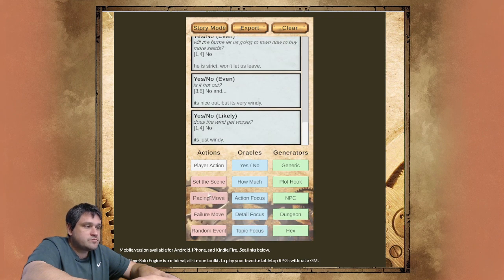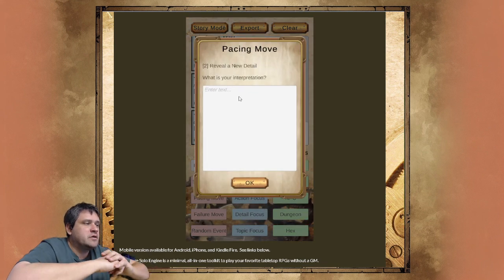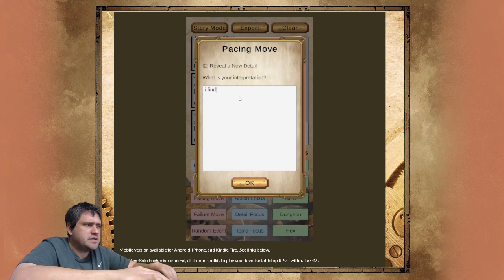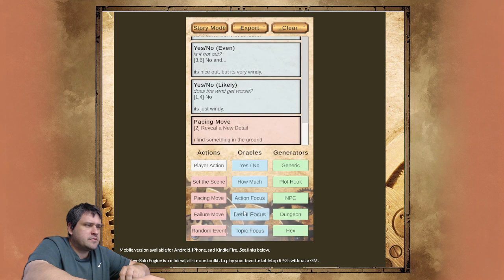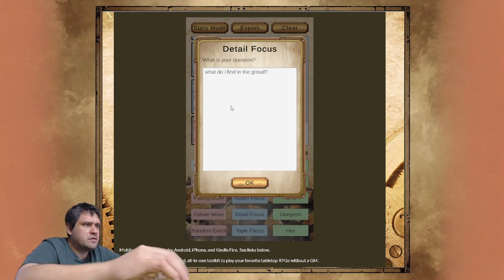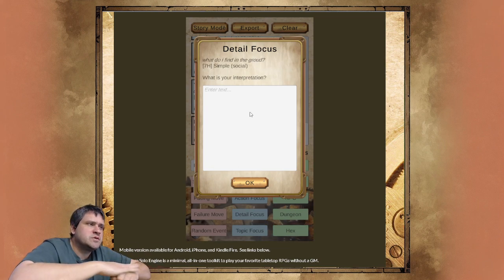So let's do a pacing move. Oh, reveal a new detail. Okay, we find something in the ground. What do we find? Let's see. Detail focus. What do I find in the ground? Something simple. A piece of gold, perhaps?